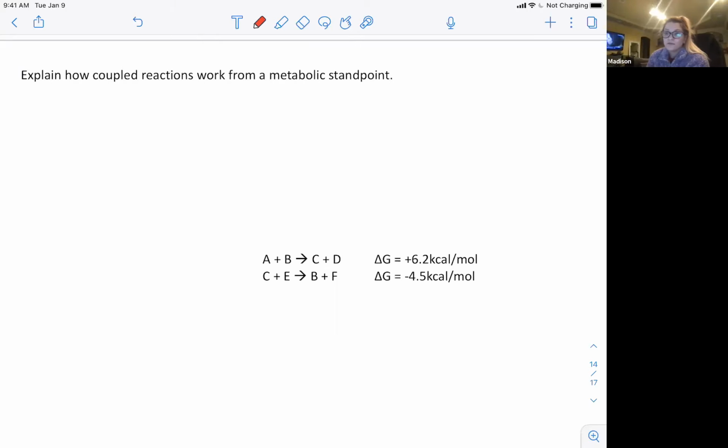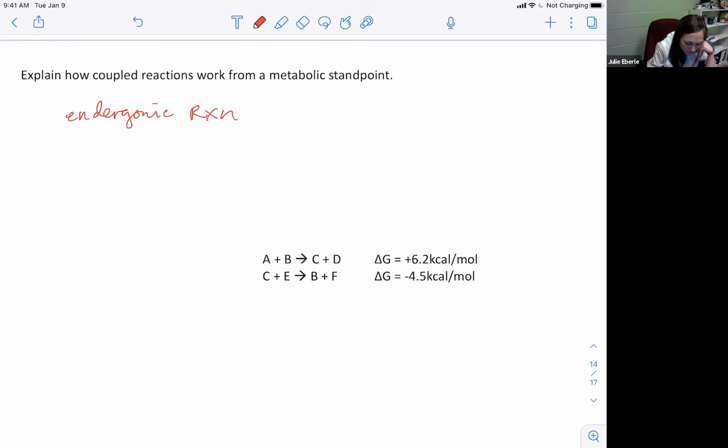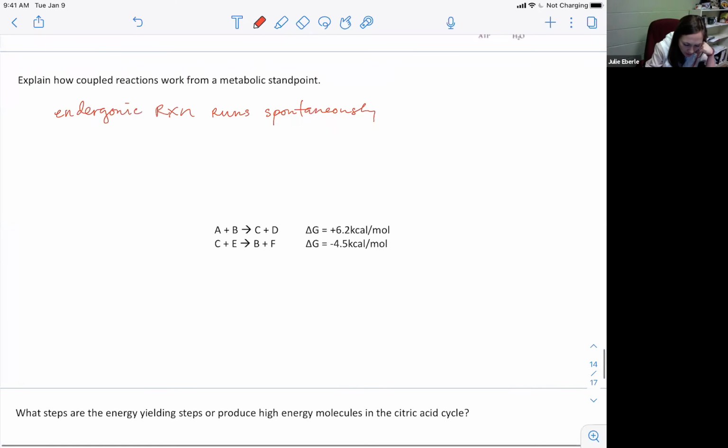An endergonic reaction couples with an exergonic reaction so it can have energy to make a product. So we can say an endergonic reaction runs spontaneously or is coupled to an exergonic reaction.